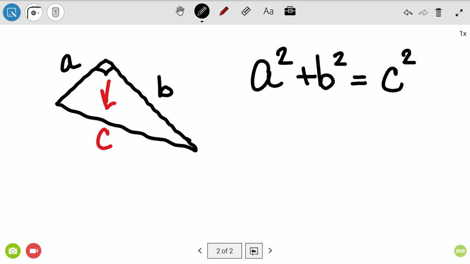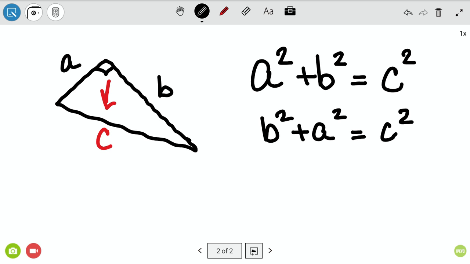Doesn't matter. So B squared plus A squared is the same as A squared plus B squared. We're just used to saying it in alphabetical order because it flows out better. But what's important is notice on the other side of the equation is the C squared.